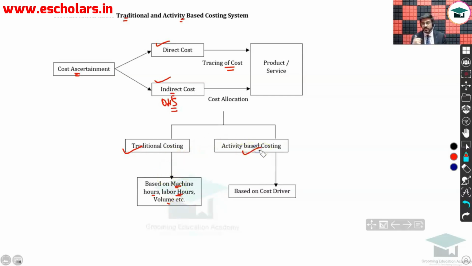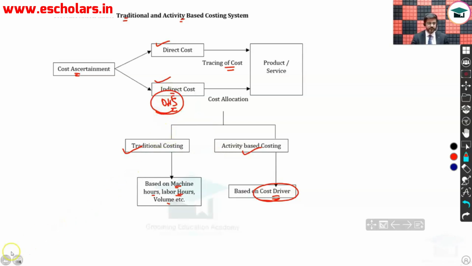Now in the activity based costing system, we are going to allocate the cost over our product or service, but this time it is based on cost driver. Now sir, what is cost driver? For that you have to wait a little bit. So this is a small diagram just to give you a glimpse of the traditional and activity based costing systems, which are the two systems for overhead accounting.